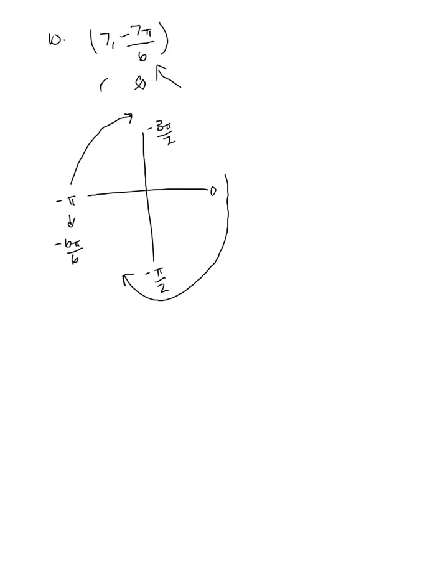So if negative pi is negative 6 pi over 6, and we have negative 7 pi over 6, that's only a pi over 6 increase. It'll fall within this quadrant. This would be where negative 7 pi over 6 is. It's technically in the second quadrant. And because your radius is positive, your answer will be a dot in the second quadrant.